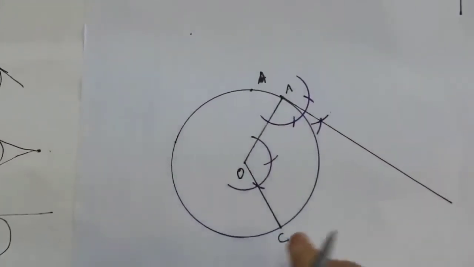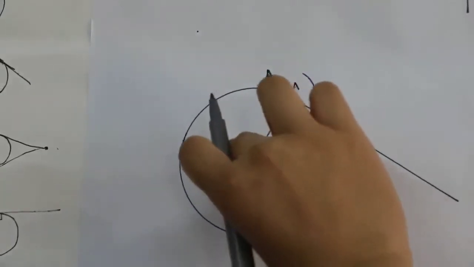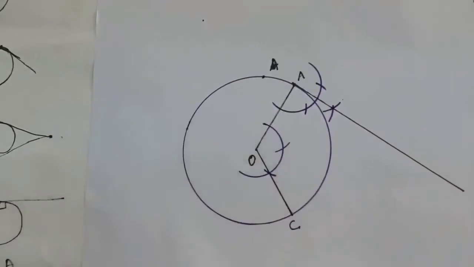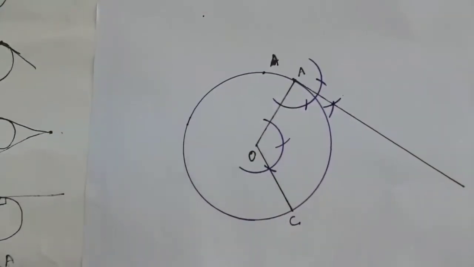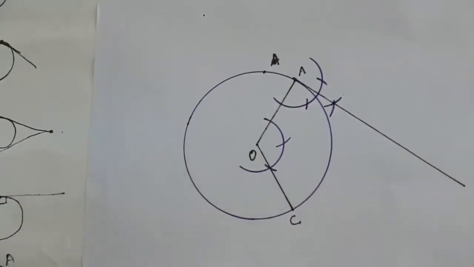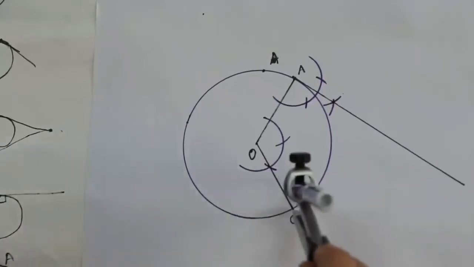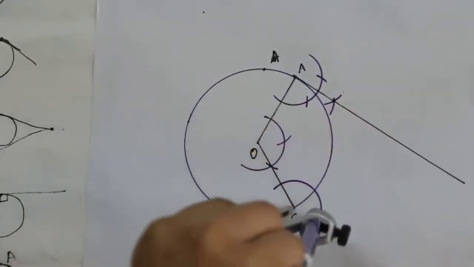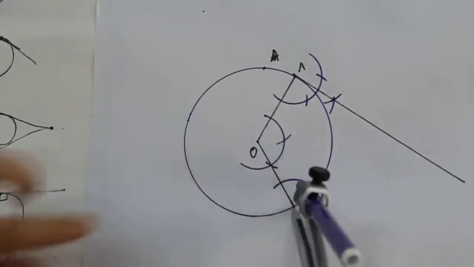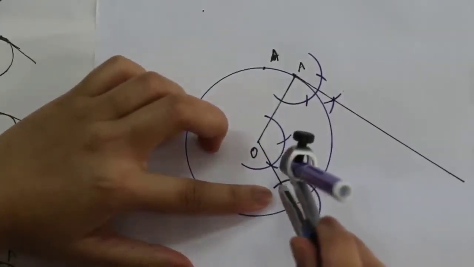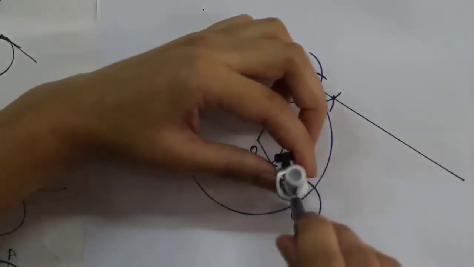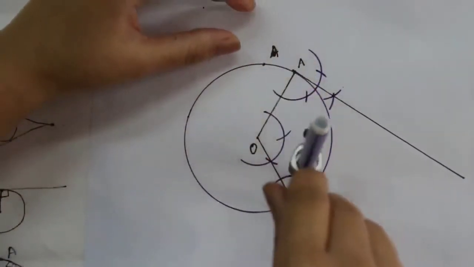Same thing for C, because OC is the radius. At point C, you draw 90 degree. Just take this compass, you cut this side. Then you see this intersection again, you take this compass there. First you measure correctly the arc.